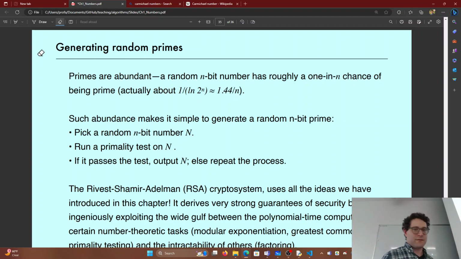That doesn't feel right. If we generate a 2-bit number, it's always a prime. Sorry? If we generate a 2-bit number, it's always a prime number. Generate a 2-bit prime number. Oh, 2 and 3. Yeah, that's true. Then, 1 is technically not prime. Yeah, but if we do the math, it's 1.44 over 2, which is lower.